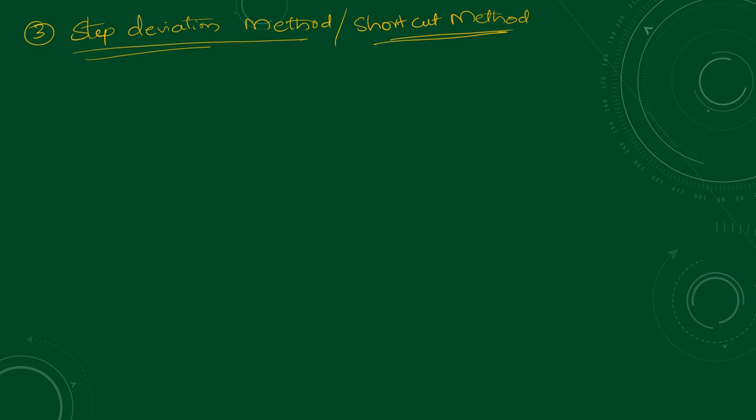If you are having larger values, then you can use this step deviation method. In this method, we have the mean formula: x bar is equal to A plus, similar to the assumed mean method. Just observe the condition: sigma Fi Ui by sigma Fi.